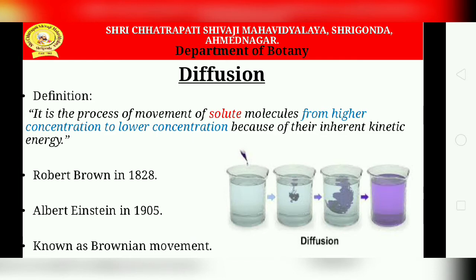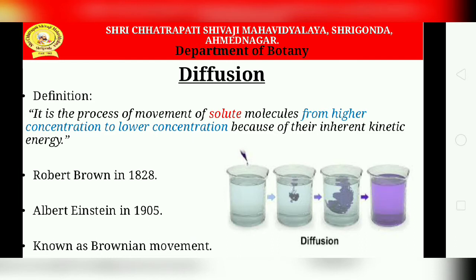The movement of solute. According to Robert Brown, a Scottish botanist, in 1828 he discovered the Brownian movement. He was the first to describe the nature of this inherent kinetic energy.